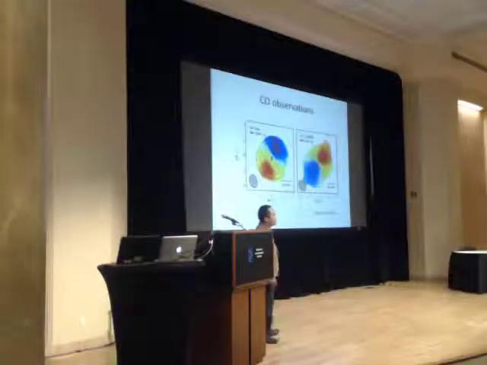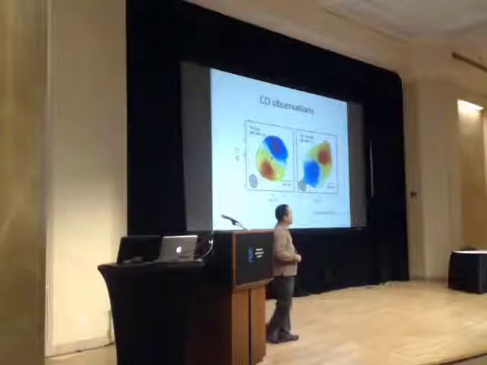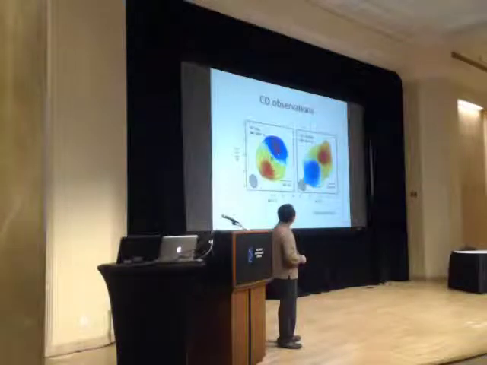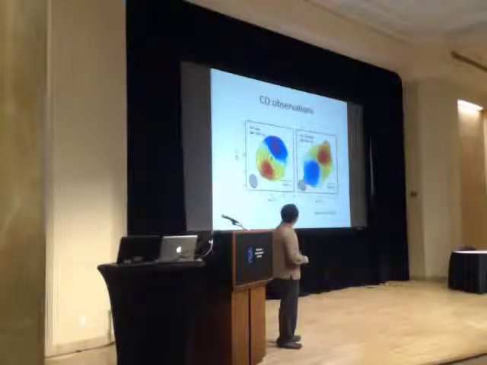CO has been observed for decades in disks, but it is not straightforward to determine the CO snowline in the disk, even if you have enough resolution and sensitivity.